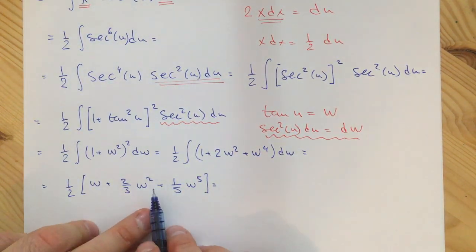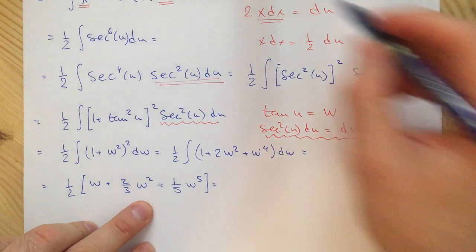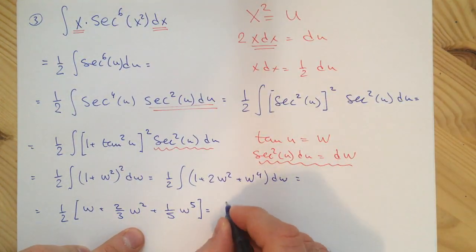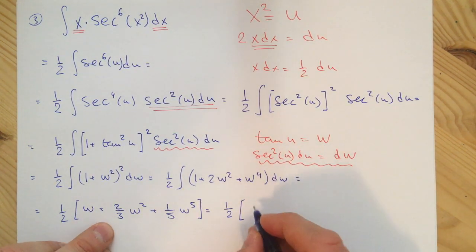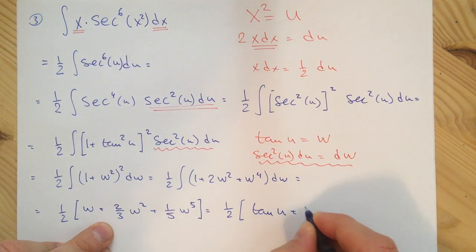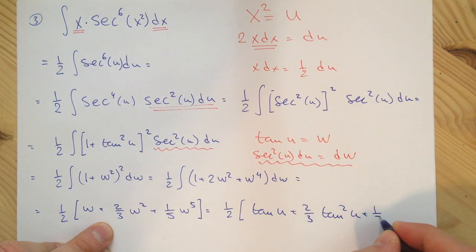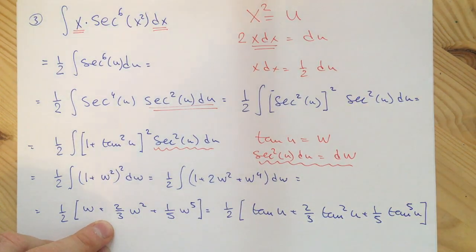And now be careful, the only trick here is that you have to bring this expression in terms of x. So don't forget that you have to bring it two substitutions back. First we're bringing it back in terms of u. What is w? W is tangent of u, and then substitute u in terms of x.